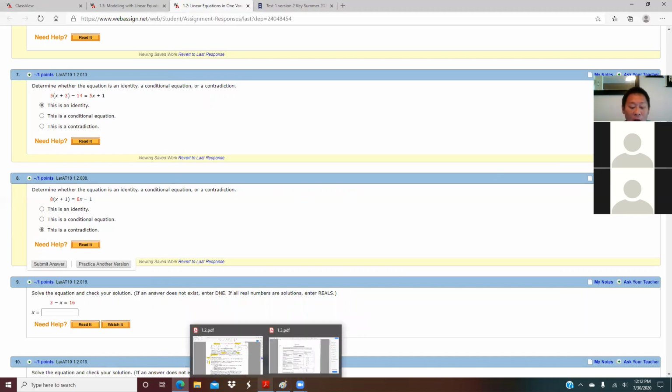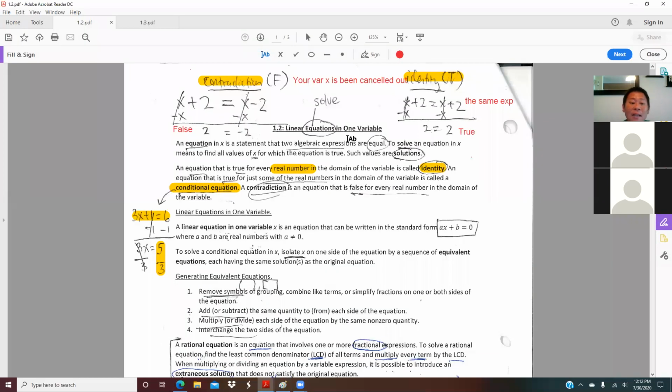So to make a conclusion in this case, if you got an identity, your answer is all real numbers. And if you have a contradiction, your answer will be no solution. And if you have a conditional equation, then x equals 5/3 will be your solution. But this one, the solution is all real numbers.